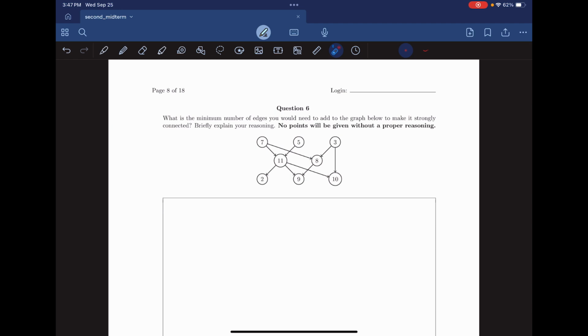So the first thing we need to cover real quick is, what is a strongly connected graph? A strongly connected graph is a graph where every vertex can reach every other vertex within that graph.